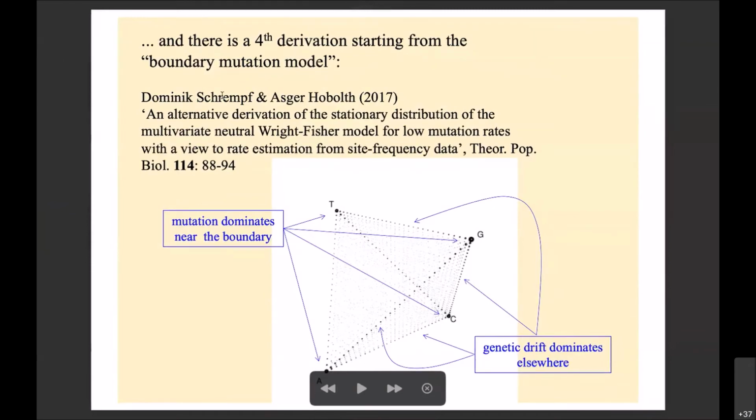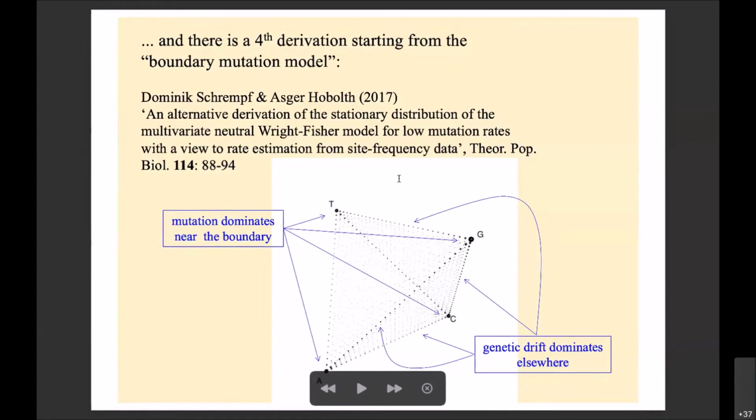Dominic Schrempf and Asger Herboth, who I believe, Dominic, may have been at your university, Vet Med Uni, at some stage, had already put together a nice model for the two allele case, putting in not just the neutral case but also selection, and they've done quite a bit of work on that.